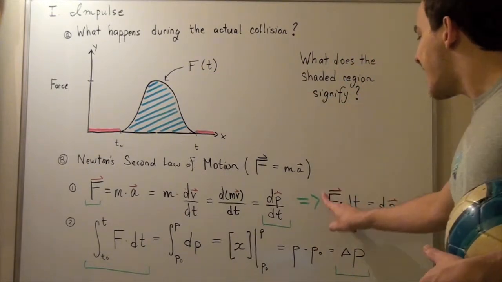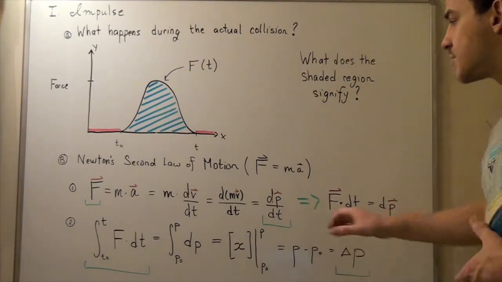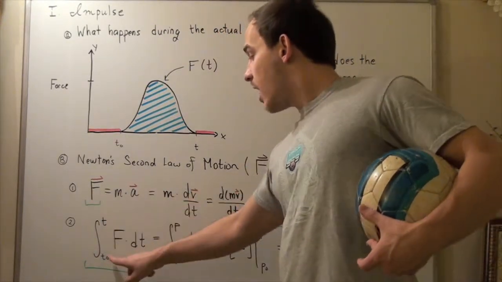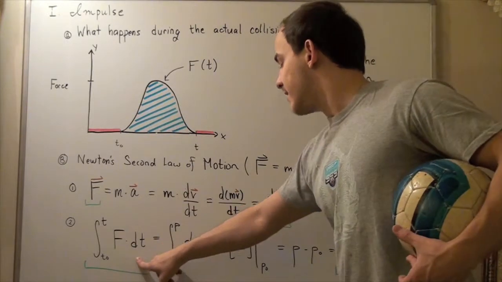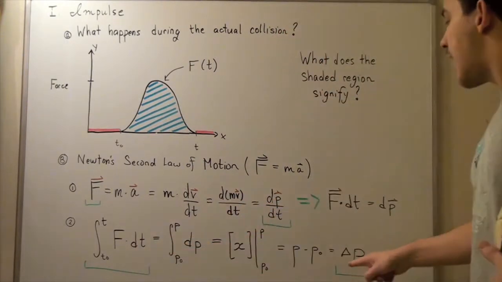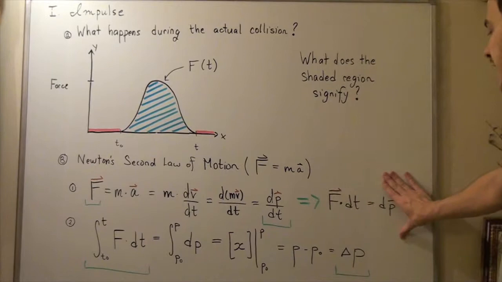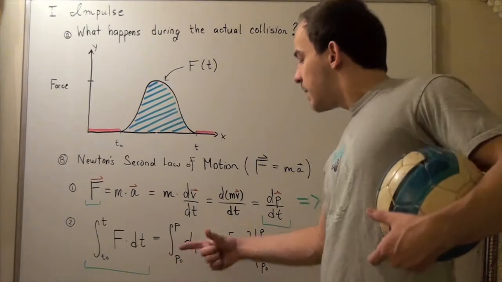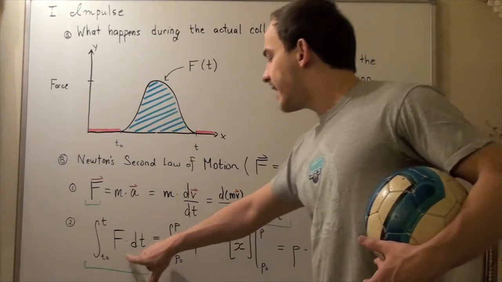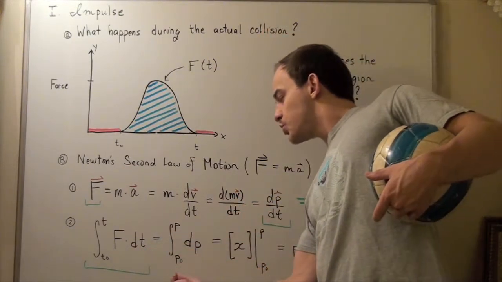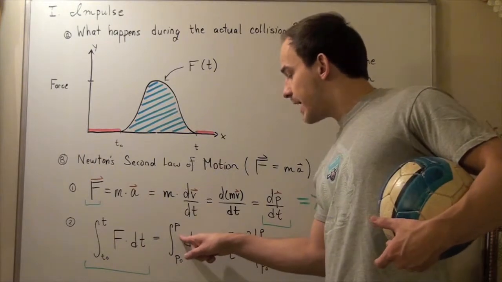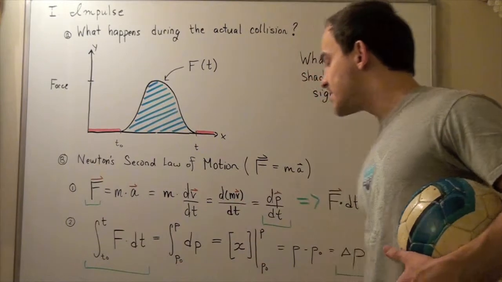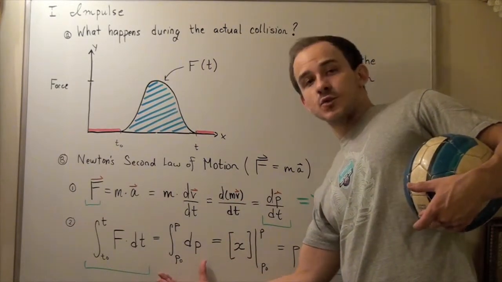So let's take the integral of both sides. Let's take the integral from t naught, from t initial, to t of the force function dt equals, and whatever we do to this side, we have to do to this side. So on this side we're also taking the integral, but because this is dp and not dt, we have to use p initial and p final. This side we're going to leave as it is, but let's actually solve this integral.